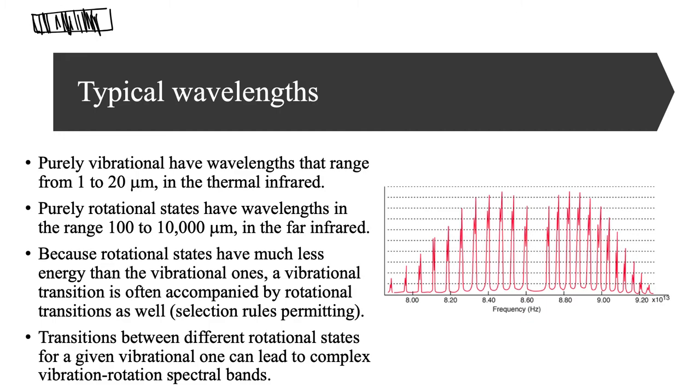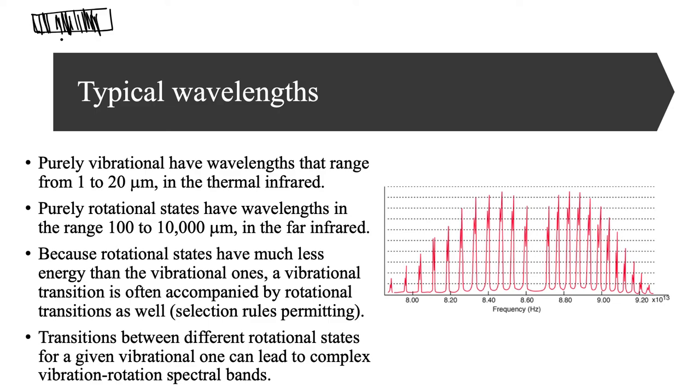Sorry, I kind of botched this. But anyway, vibrational states have wavelengths that range from 1 to 20 micrometers, so they're typically in the thermal infrared. Rotational states are less energetic, and they are in the far infrared. Rotational states, therefore, have less energy than the vibrational ones.